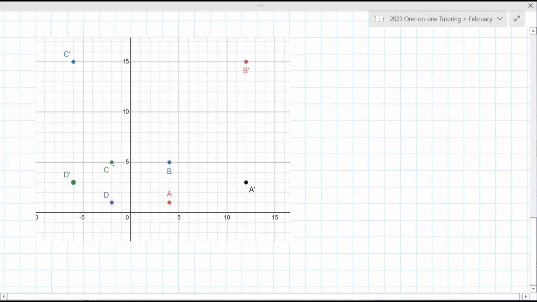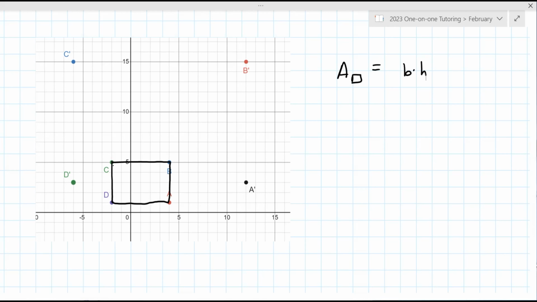Okay, now can you give me the area of the original? Desmos does it differently, because we had a different one earlier. No, this is the drawing.